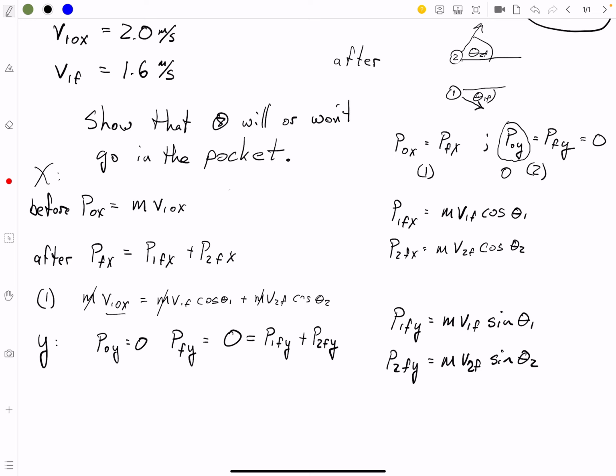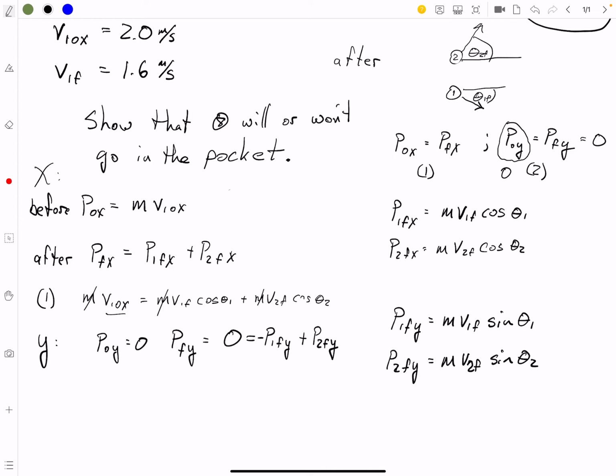Now, which one's positive and which one's negative? We can see here that the y of number 1 is negative. So we're going to come over here and we're going to put a little negative there. All right.